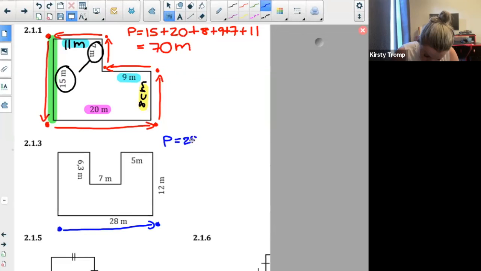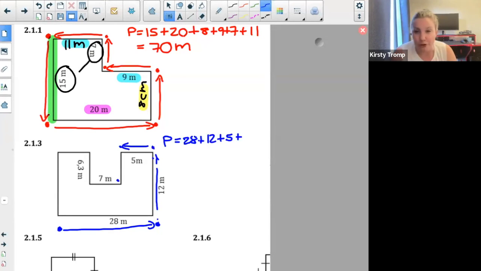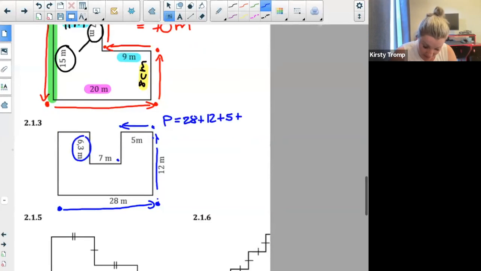So 28 plus that side to that side. 12 plus that side to that side. 5 plus. Oh my goodness, we are missing our first side. No need to stress out because here it is over here, and that is equal to that.